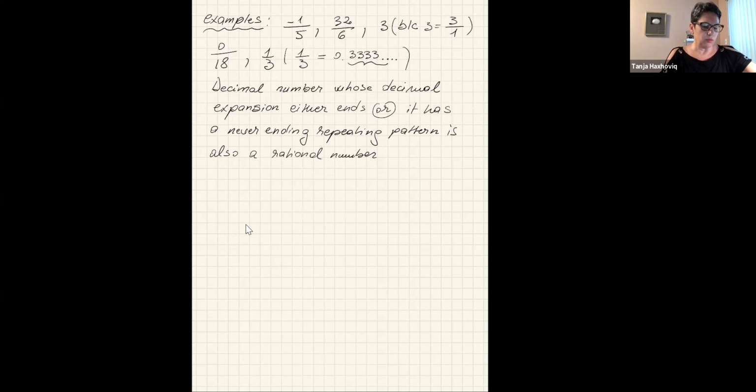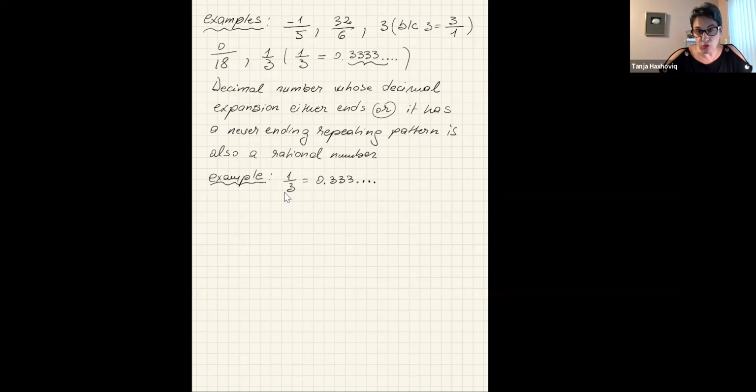Okay, so here's an example. As I said before, 1 over 3 is another way of writing this other decimal number. So they both represent the same thing. So this decimal number and this fraction represent the same rational number.